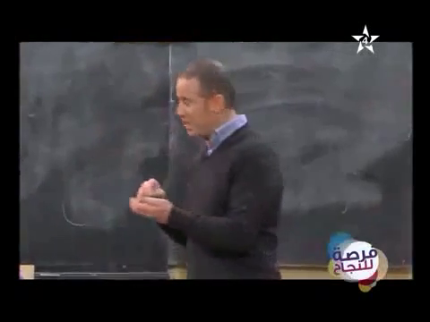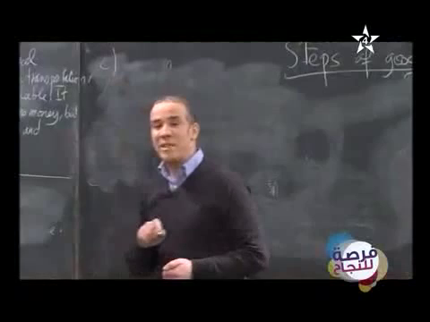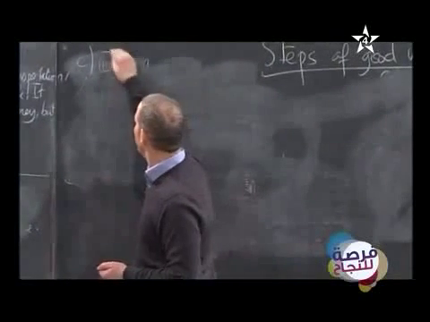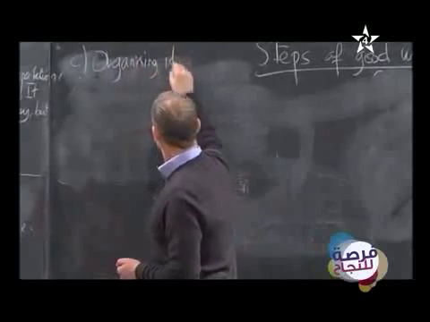Now we have ideas. But when you have ideas, of course, you have to choose the order of ideas, and you have to do what? To organize your ideas. So the third step, I'm going to call it C, is what? How are we going to organize ideas?